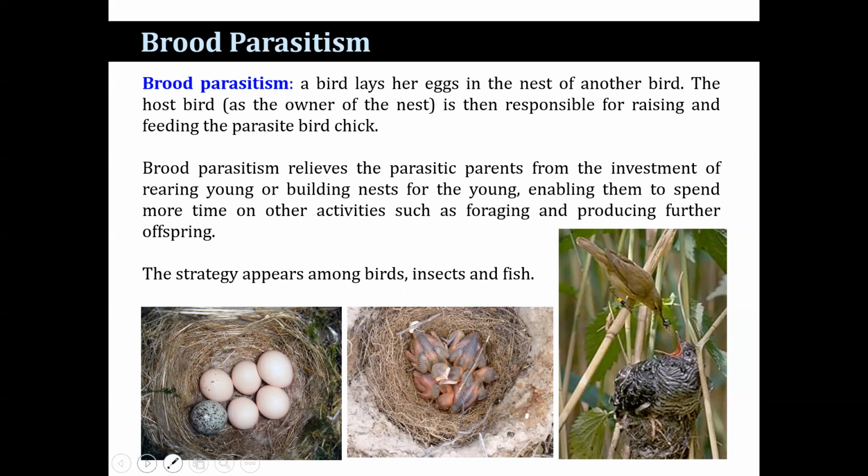Brood parasitism relieves the parasitic parents from the investment of rearing young or building a nest for the young, enabling them to spend more time on other activities such as foraging and producing further offspring. This type of strategy is found among birds, insects, and fish also.